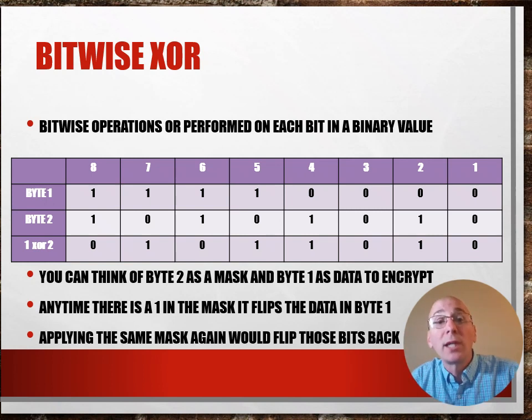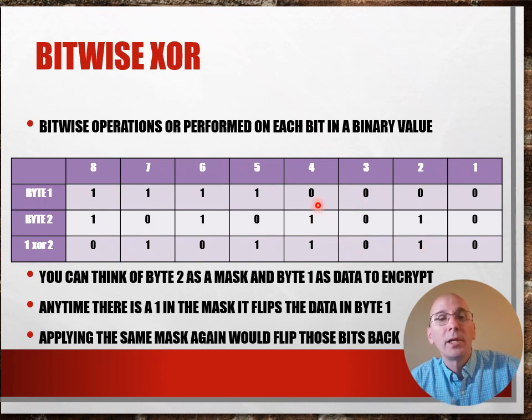So let's just take a look at a bitwise operation on 2 bytes when we do an exclusive OR. So here's my bits for byte 1. Here's my bits for byte 2. And then I'm going to exclusive OR byte 1 with byte 2. I'll go here 0, 0. All right. I do not have a 1 and a 0, so that's a 0. 0, 1. I do have a 0 and a 1, so that's a 1. 0, 0.